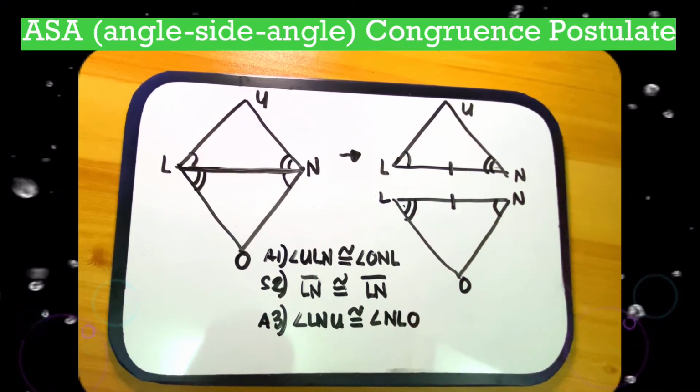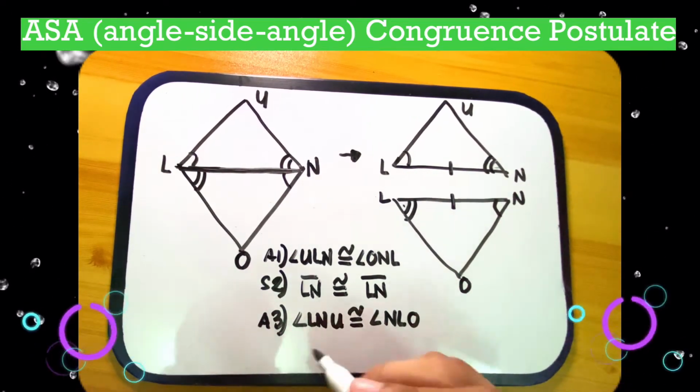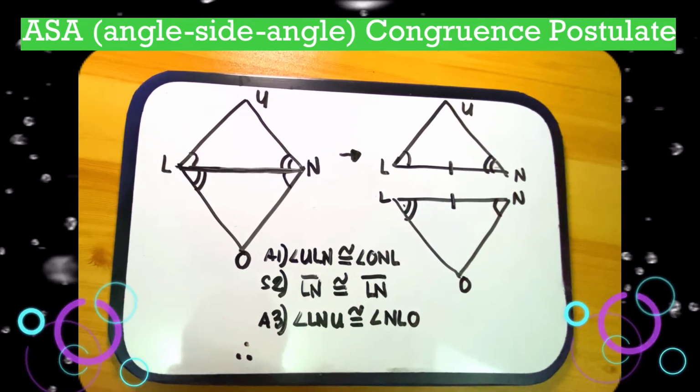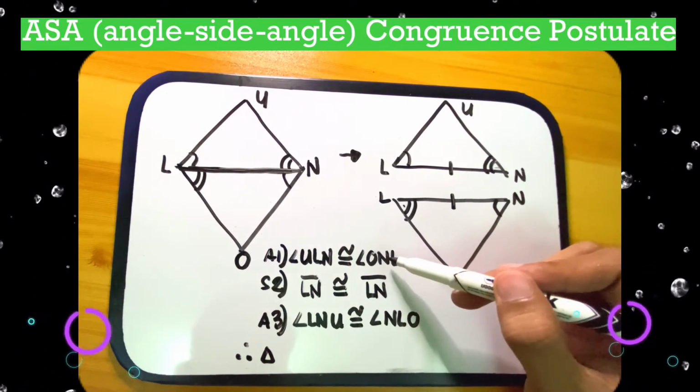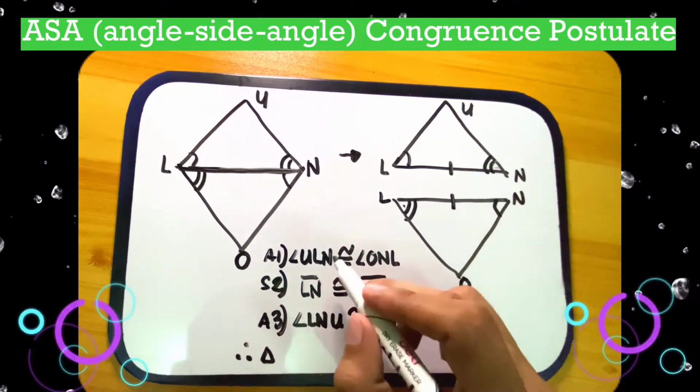So we have that one, ASA. Therefore, you can copy either the number 1 or number 3. I'll choose 1.